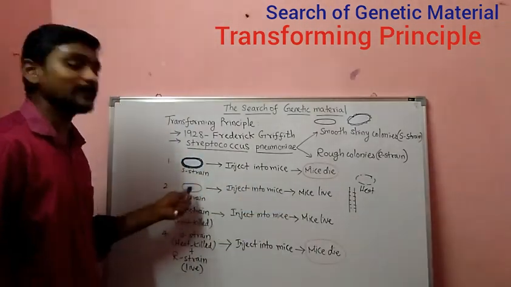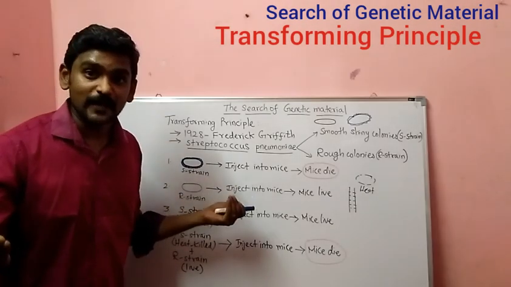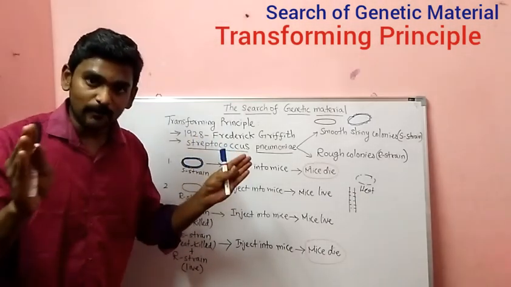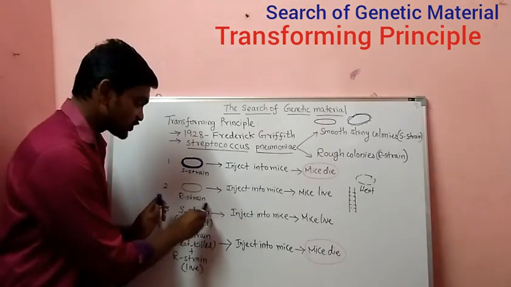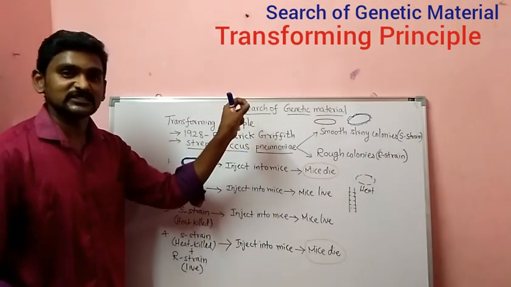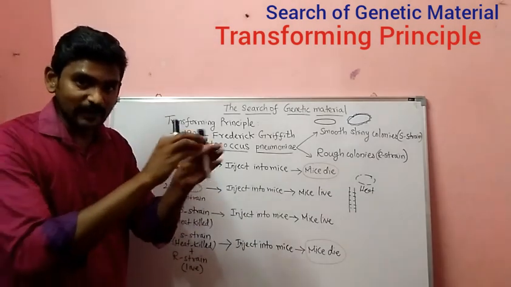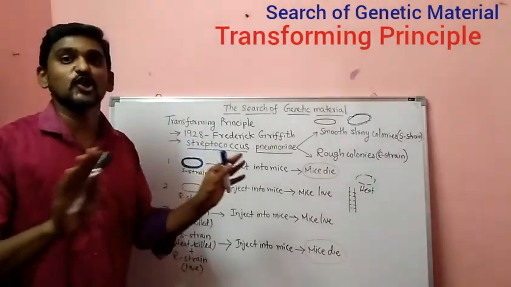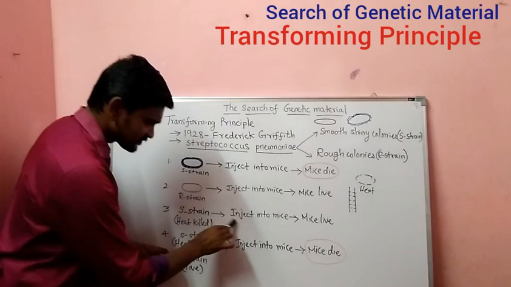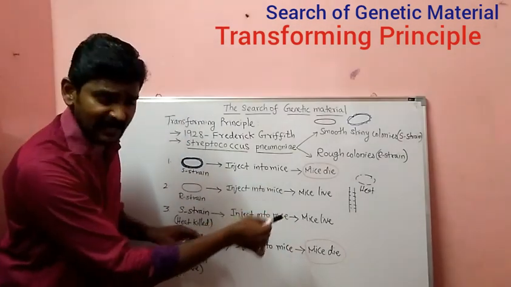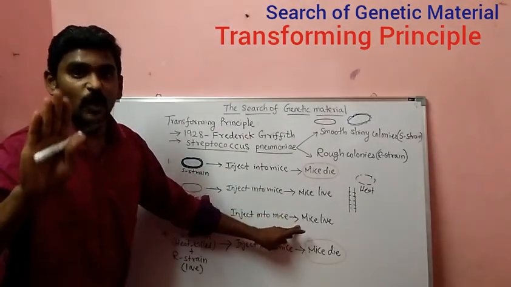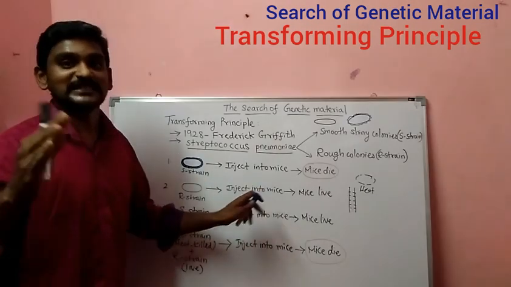It is not capable of causing the disease. Why? Because we have degraded the bacterial cell, so it is not capable of producing the mucus layer. The bacteria is not alive now. Only the genetic material is present inside, but the bacteria is not alive. So when you inject it into the mice, the mice will be alive. It will not die because it cannot cause the disease.